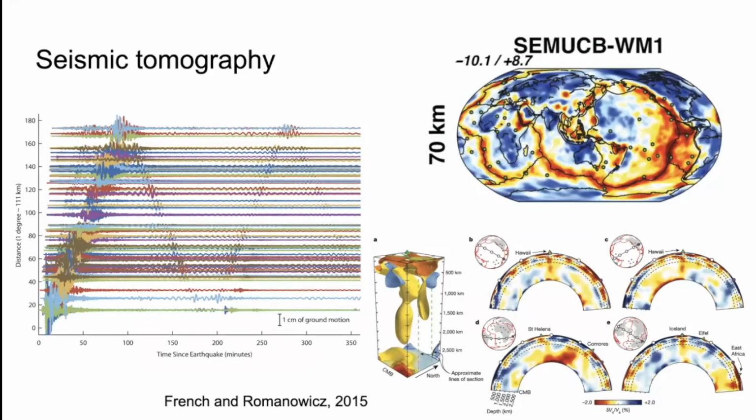So one of the main tools to actually image what is happening deep down is something called seismic tomography, where we use the propagation of the seismic waves in the Earth. When the waves are triggered during an earthquake, they propagate in all possible directions, and they interact with the medium.